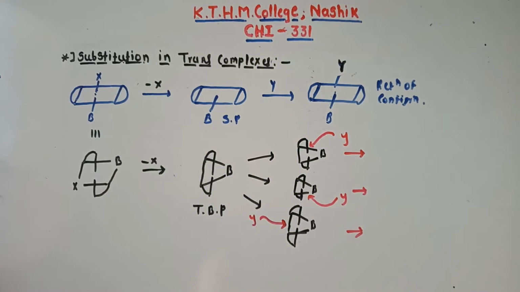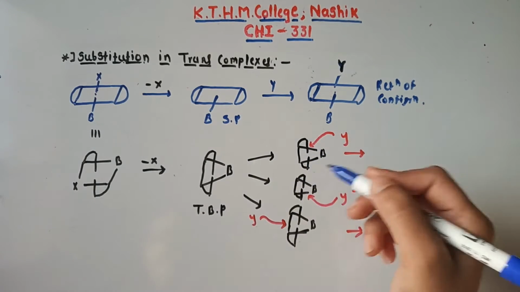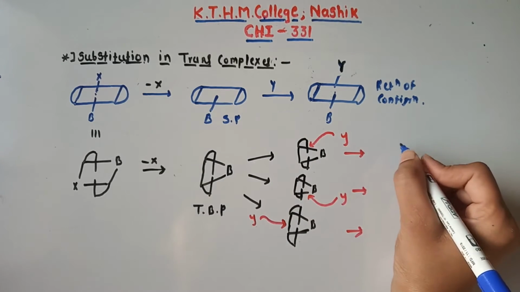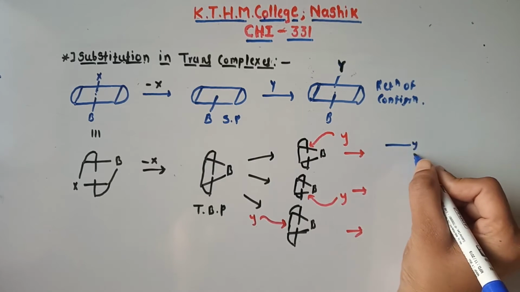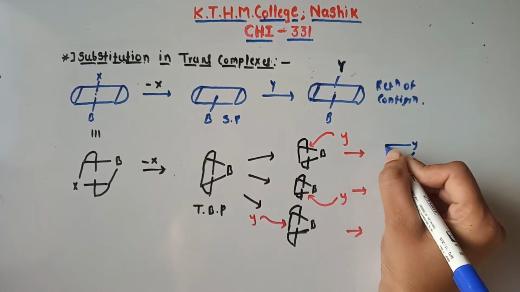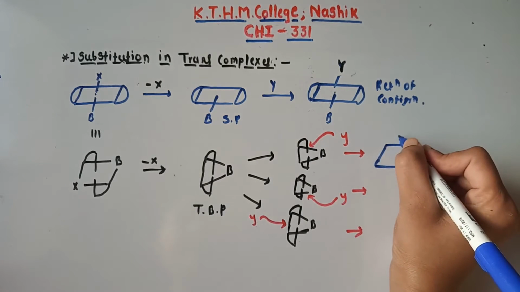This is a very interesting intermediate, and from this we get a mixture of cis and trans. Okay, so let's see how. If Y attacks from the above side or above plane, from this plane, we get the cis product.